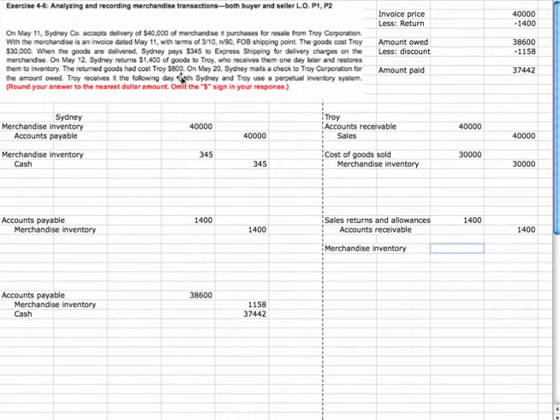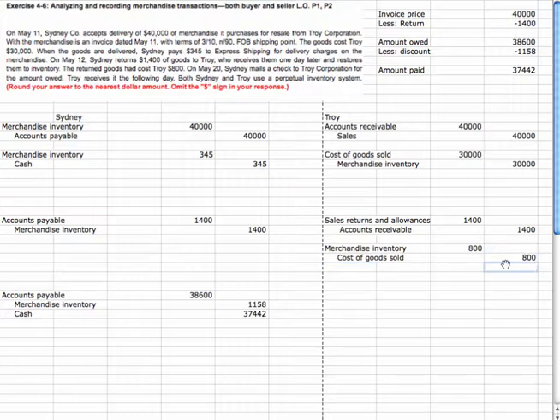So we're going to increase it by $800. And then we're going to reverse the cost of goods sold transaction because we didn't sell it. And so we're going to reduce the expense by the $800 as well.